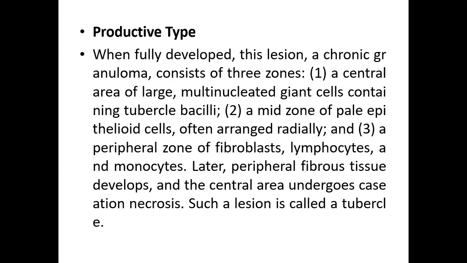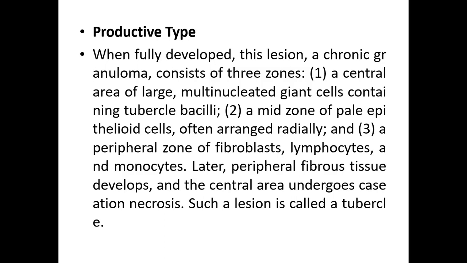The second type is a protective type. When fully developed, this lesion is converted into a chronic granuloma consisting of 3 zones. The central zone or area of large multinucleated giant cells containing tubercle bacilli in a dormant state.